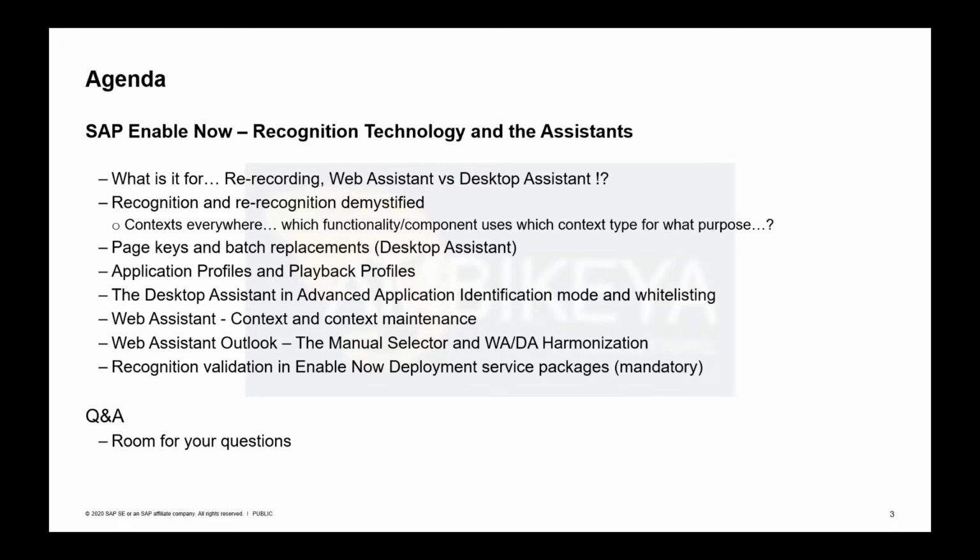And then I will emphasize that one mandatory portion of the strategy and configuration phase for all Enable Now deployment services, which is called recognition validation, which summarizes all the above in the concrete customer situation and is a mandatory part of the service to be delivered. And to my knowledge, at least, it's never happening, which is not good, which is the root cause for some escalations that ended up on my desk in the last weeks and months. So we should avoid that.